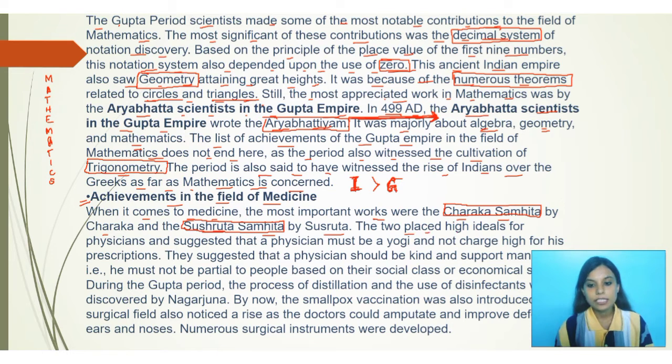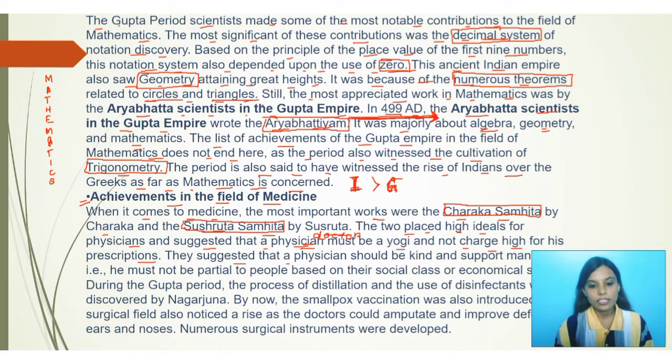The two placed high ideals for physicians and suggested that a physician must be a yogi and not charge high for his prescriptions. They used to consider a physician or doctor as a yogi. Not all of them followed this rule, but it was a rule during that time that a physician should consider himself a yogi and should not charge anything high for his prescriptions.